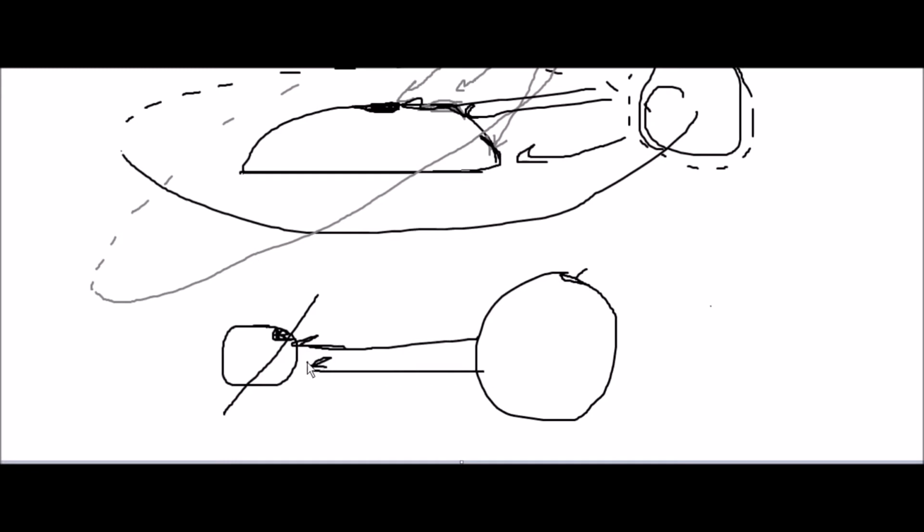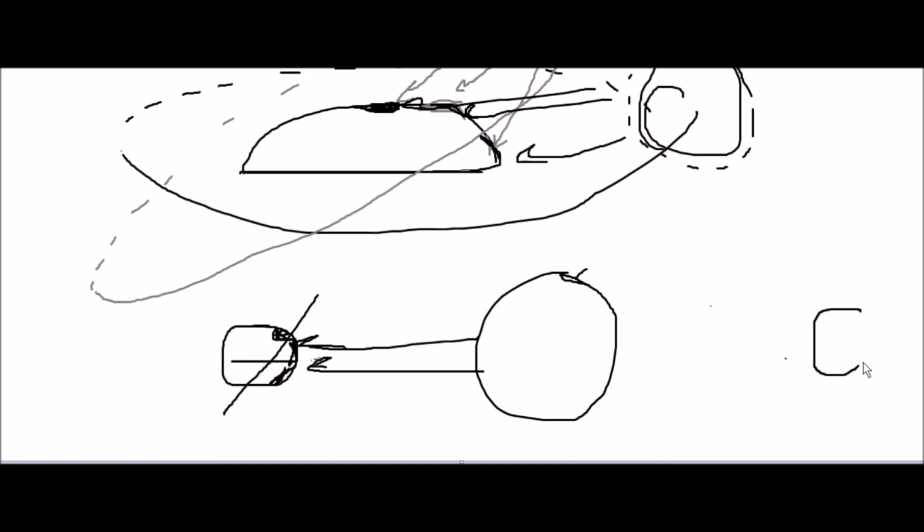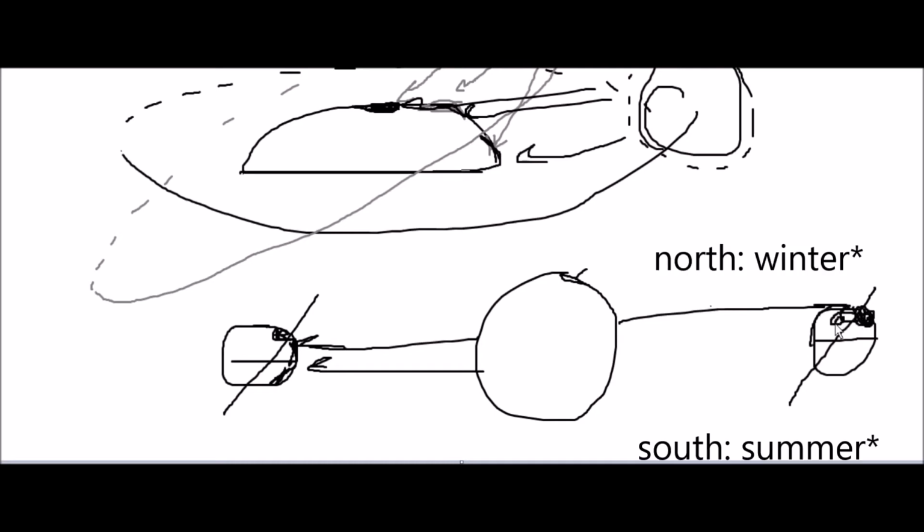Here, winter, northern hemisphere winter, southern hemisphere summer, and then the Earth orbits around here. Then again, here will be night, summer northern hemisphere, winter southern hemisphere.